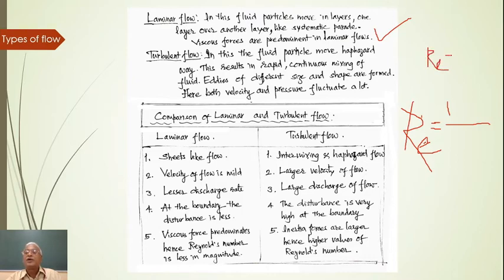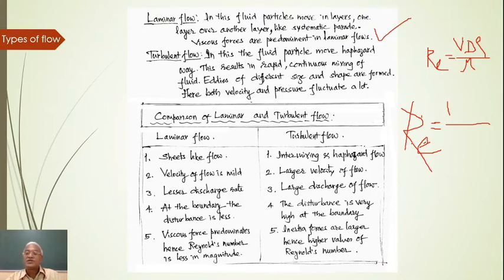Reynolds number is given by V d rho by mu. Rho is density, mu is dynamic viscosity, d is the diameter of the pipe, and V is the velocity of the flow.